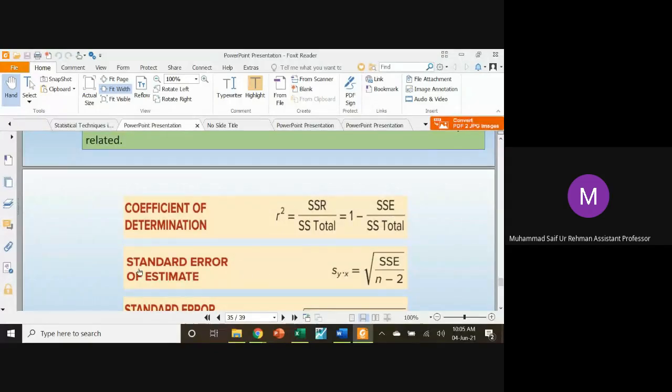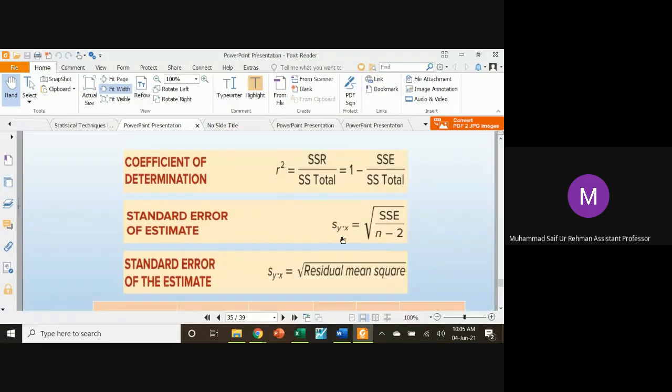Standard error of estimate you can find utilizing this formula: SSE or ESS divided by this. In this way you can find the standard error of estimate that you will use in the test statistic, where you will find t calculated to confirm whether the same impact of the independent variable is there in the case of the population or not.